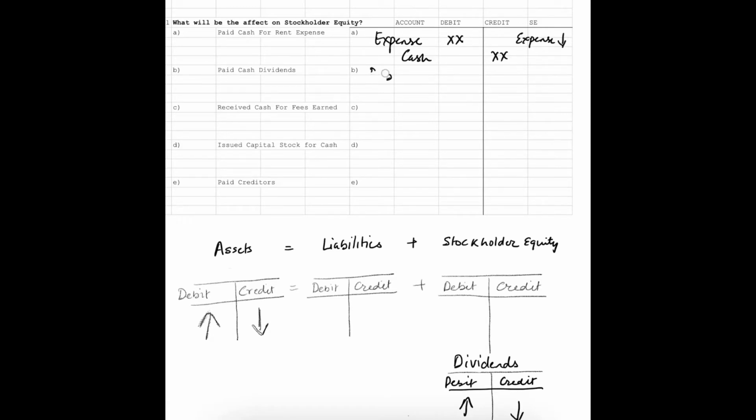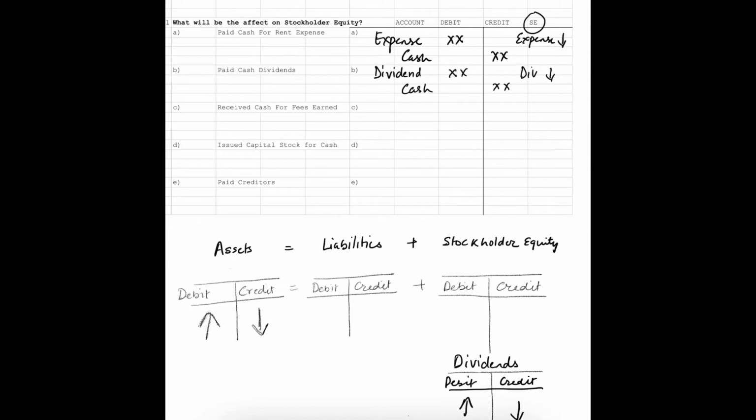So we will enter debits first. We will do dividends first because it's a debit entry and it's paid by cash, so cash is reduced. Okay, and as I've already told you, dividends reduce stockholder equity.